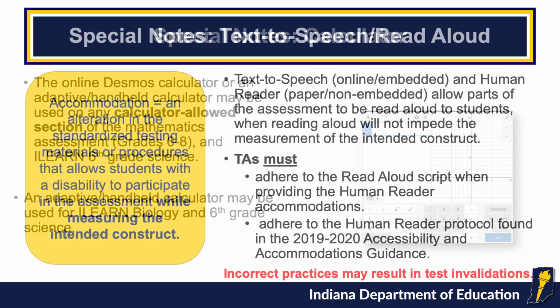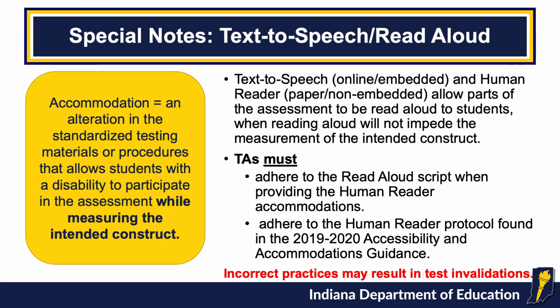The text-to-speech and human reader accommodation meets the same student need in different testing modes. Text-to-speech is provided with online assessments, and human reader is provided with paper. The human reader accommodation requires individualized testing.